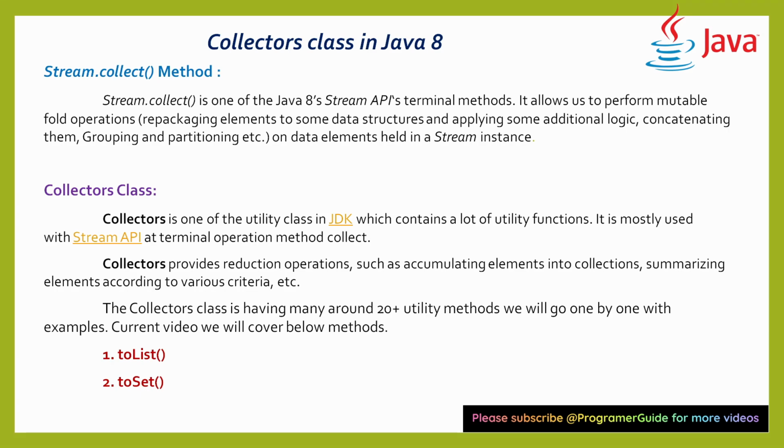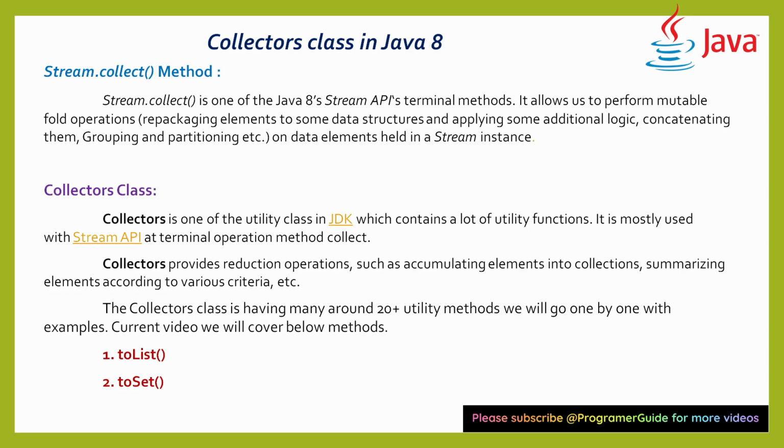Collectors provides reduction operations, such as accumulating elements into collections and summarizing elements according to various criteria. So as per our criteria, it is going to be displayed. The Collectors class has around 20 plus utility methods. We will go through each example one by one.